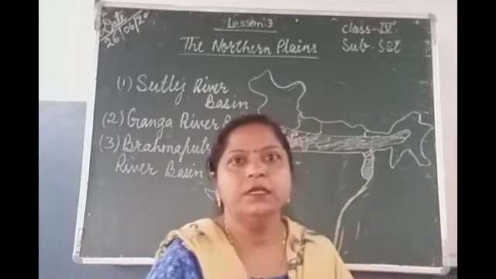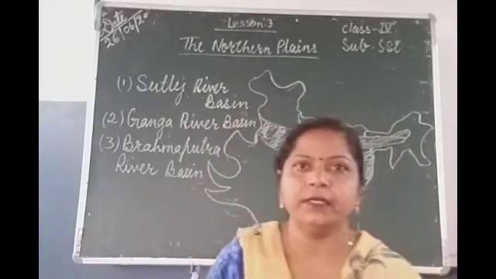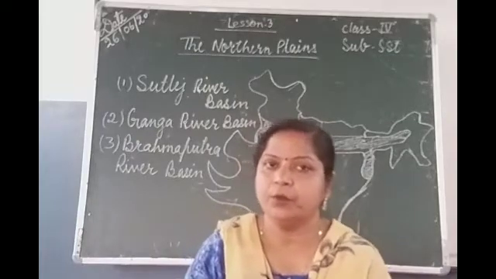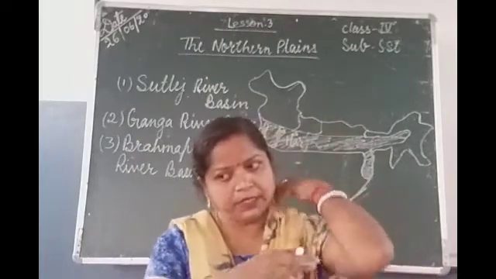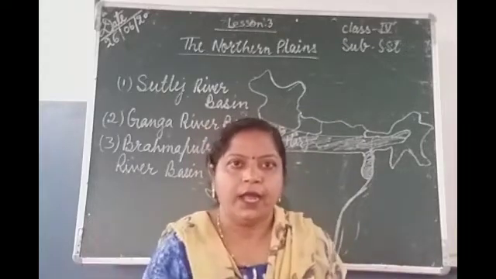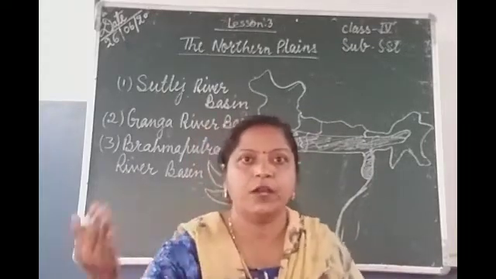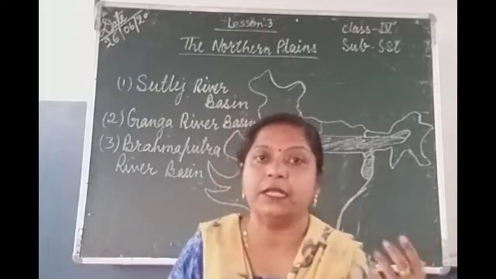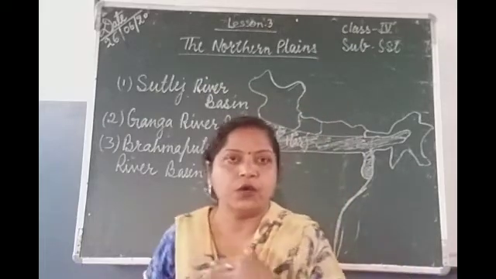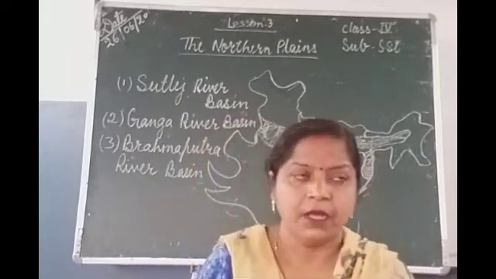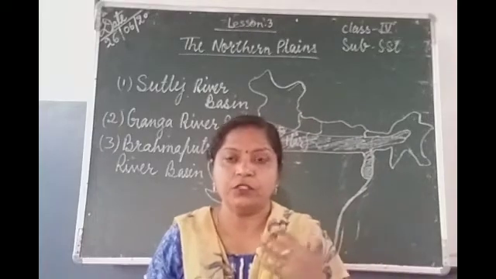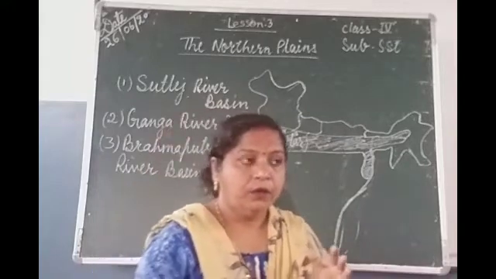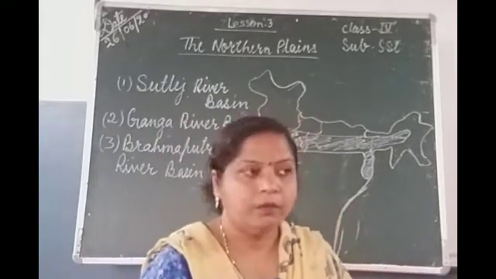This river's name is Sangpo, but when it enters India, its name is Brahmaputra. It mainly flows eastward, and it enters India through Arunachal Pradesh. After that it also comes to Assam, and after that it goes to Bangladesh and mixes with the Bay of Bengal.